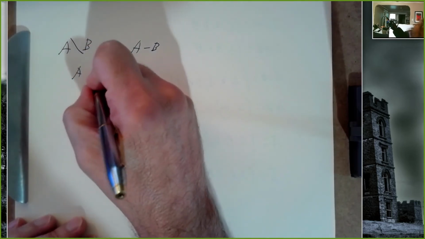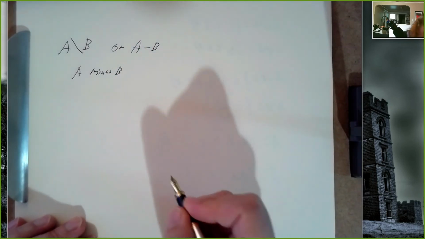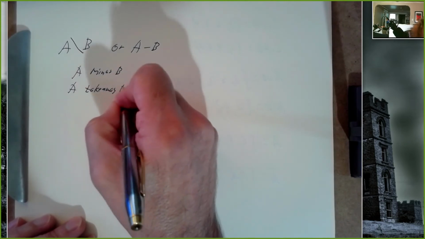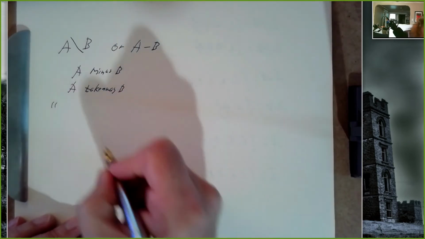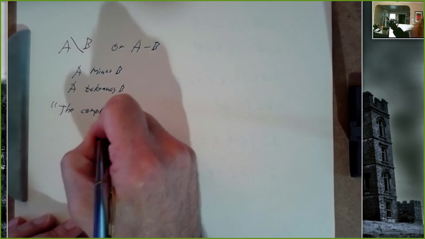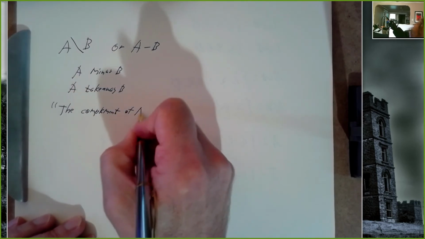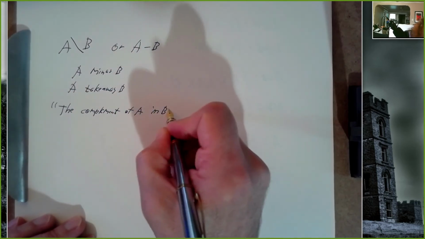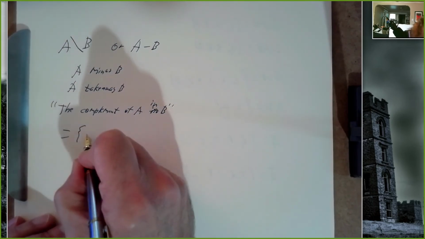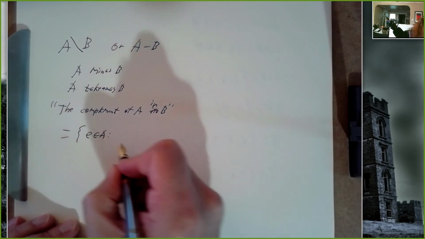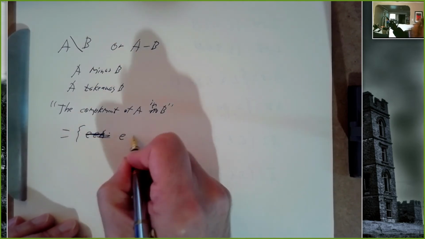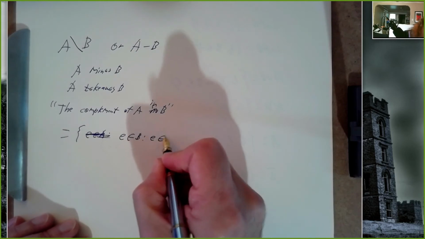This is A minus B, or we could say A take away B. But the proper, most formal way to describe this is the complement of A in B. And it's equal to the set of all elements in B which are not contained in A.